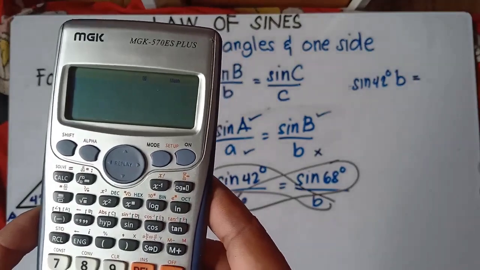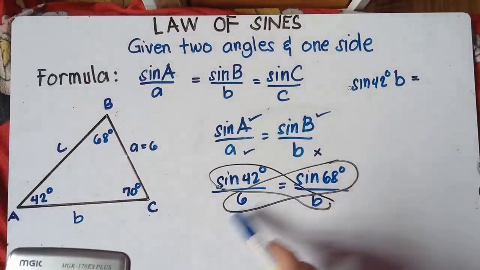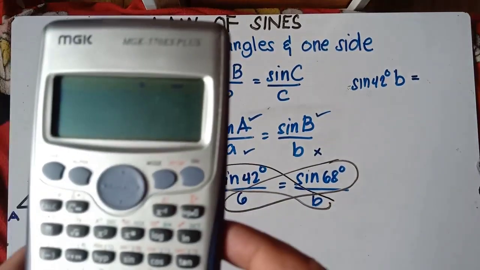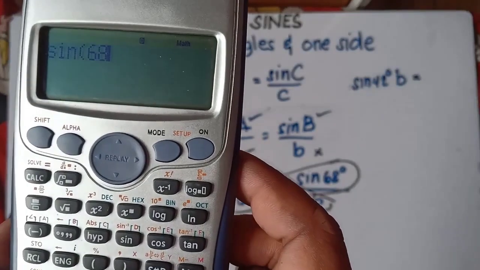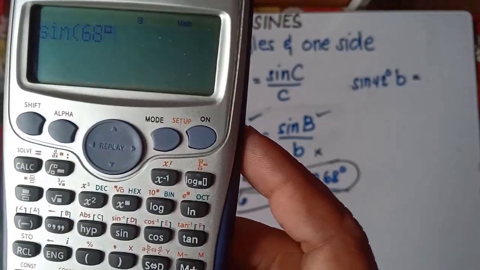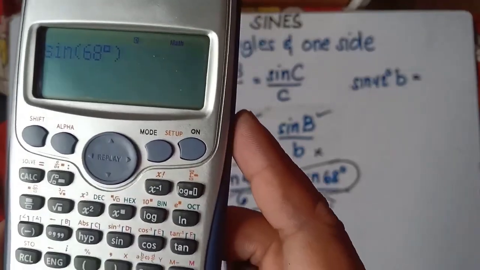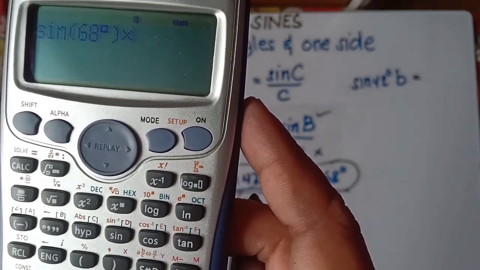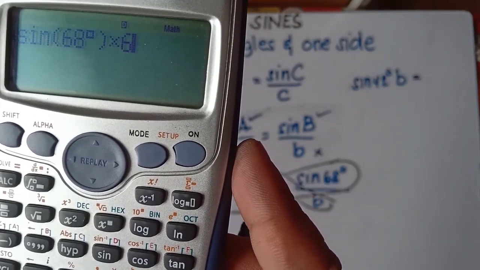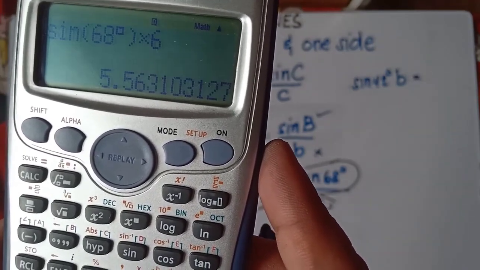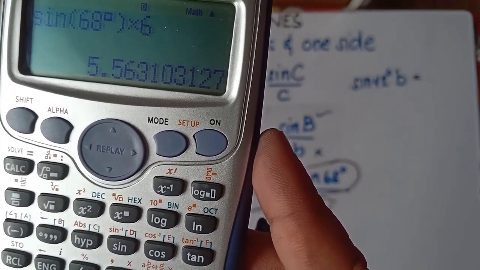Of course, the teacher will allow you to use a calculator because it's hard for you to multiply this without using the calculator. So, sine 68 degrees times 6, and we have 5.56310.